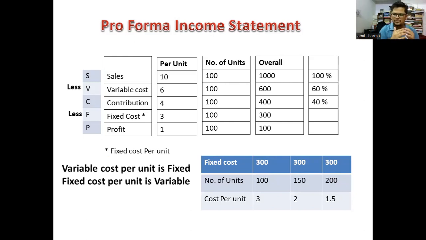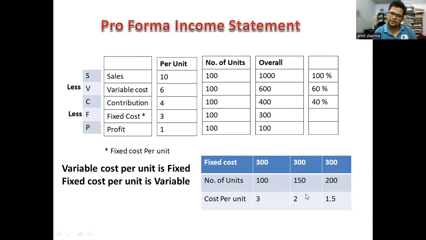So there is a reverse kind of relationship between fixed cost and variable cost. The variable cost is fixed on a per unit basis, and the fixed cost per unit is variable according to the level of production. So if the production is increasing continuously, you can check the cost per unit is continuously decreasing.